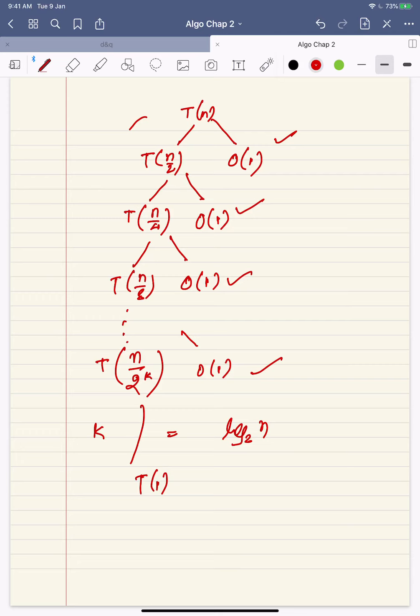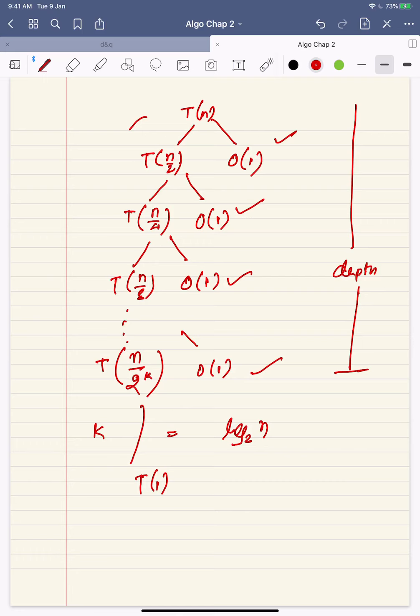So how much overall work have you done? That will depend on the depth, or the height, of this tree. How many times have you done this order 1 work? From n to n by 2 you have done it once, from n by 2 to n by 4 once, overall twice. So up to here you have done it k times.